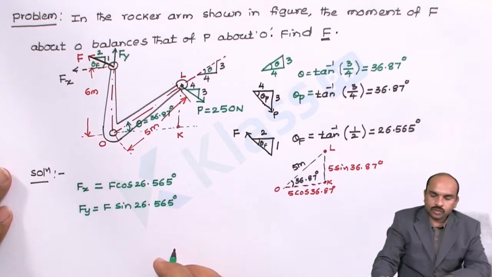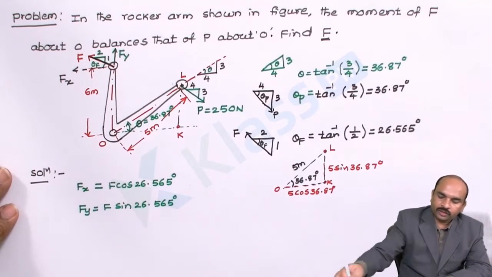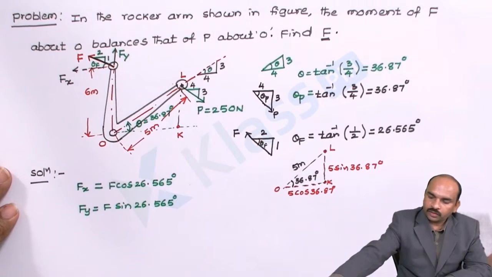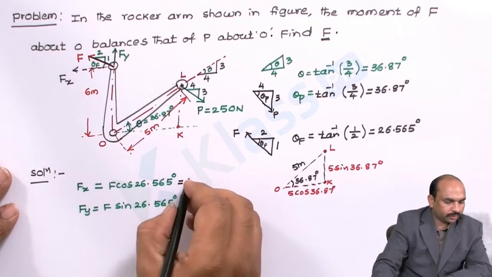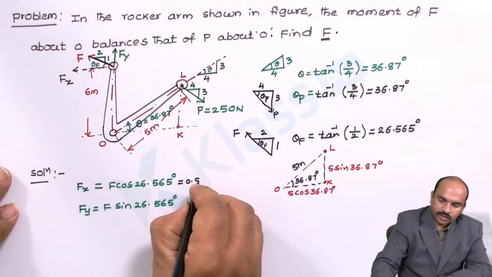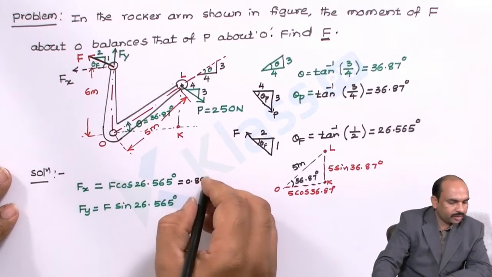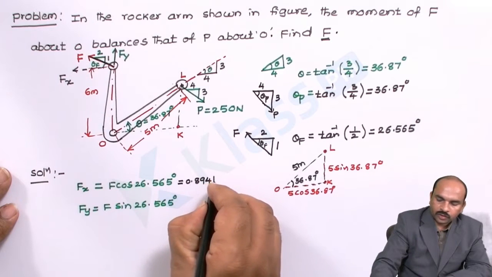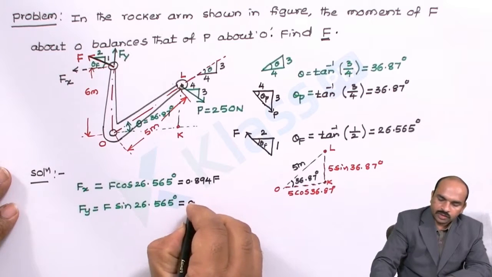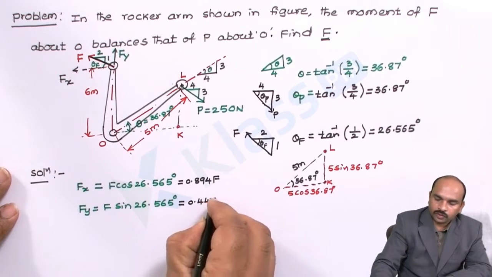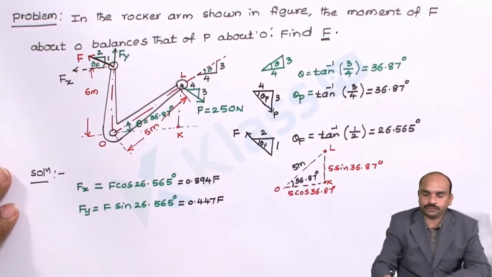So these are the two components of the force. Now these values are 0.894 F and 0.447 F.